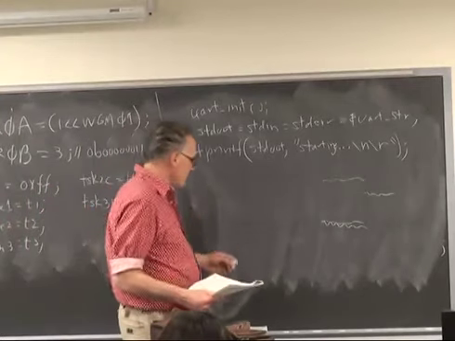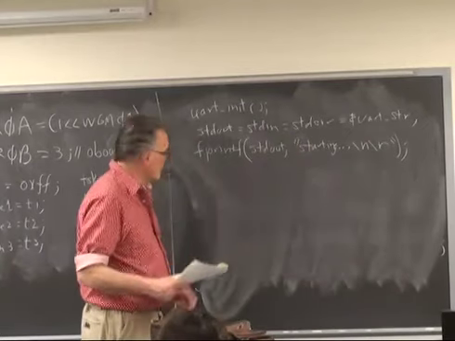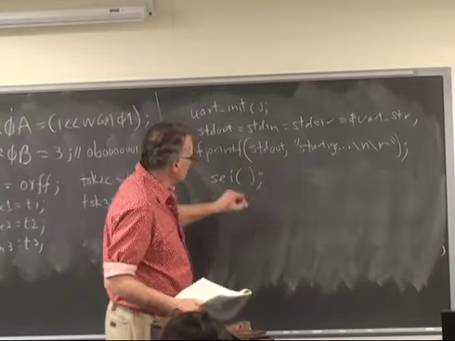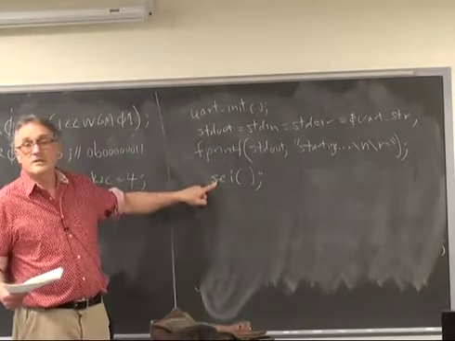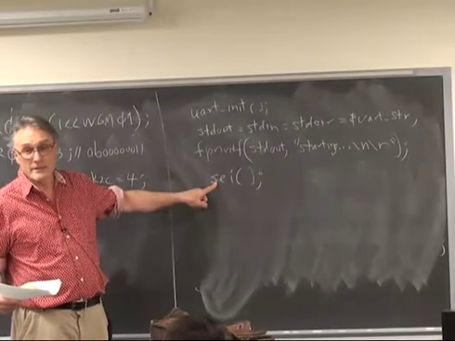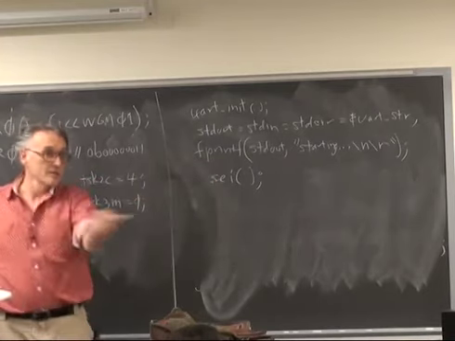The last thing we absolutely have to do to init the system and get everything working is we have to use the C call, SEI, which sets the interrupt enable bit. It sets the master interrupt enable bit and turns on the whole show.